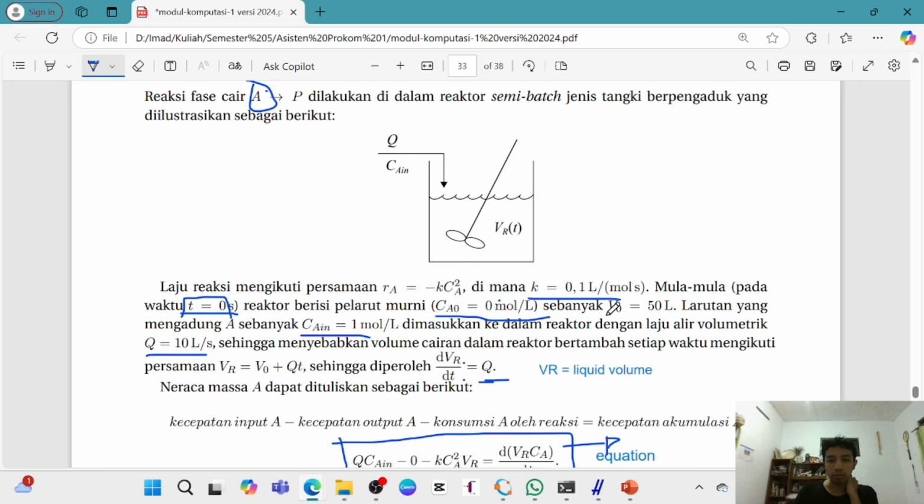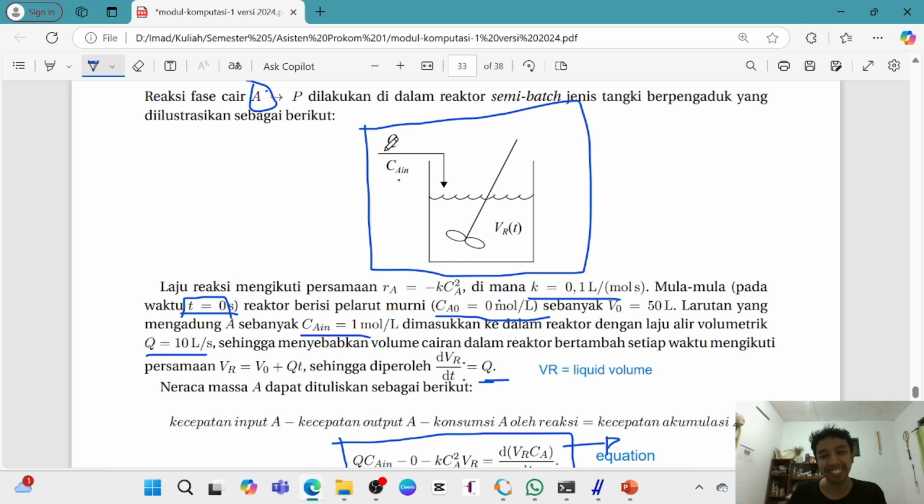This is the volume. Then this is the concentration of A in, and we have the diagram. The starting concentration of A in the reactor is 0.